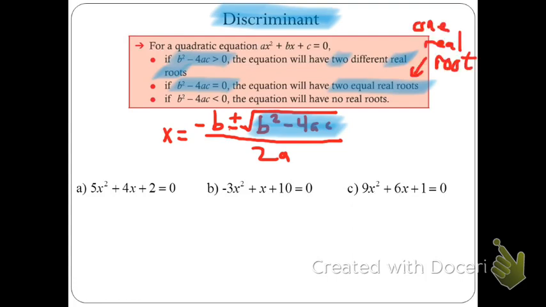In that previous example, for instance, there were actually 2 roots for the one that had 1 real root, but both the roots were negative 2. You don't need to say the roots are negative 2 and negative 2, so there's 2 equal ones. You can just say there's 1 real root. And then finally, if the discriminant, b squared minus 4ac, is negative, if it's less than 0, we saw that the equation will have no real roots.